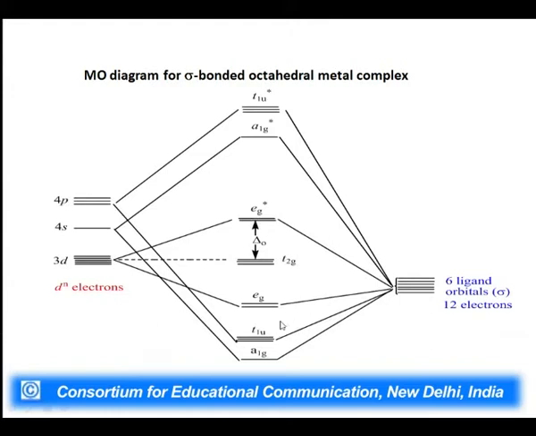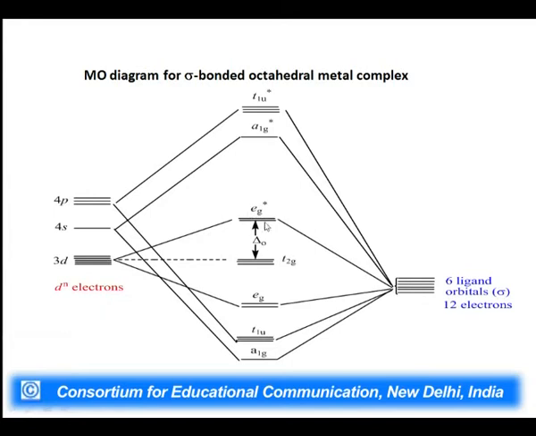So here, up to the level of T2G, A1G would be filled first, then T1U, then EG. But in T2G, we have to see whether delta O is greater than P or less than P. Based upon that, the distribution of electrons in T2G and EG star would take place.